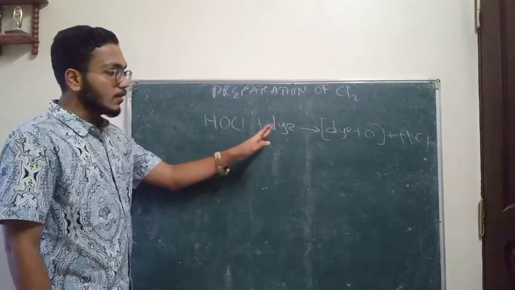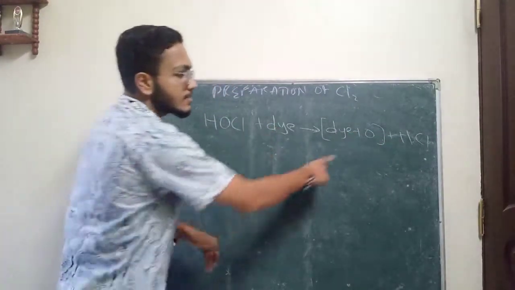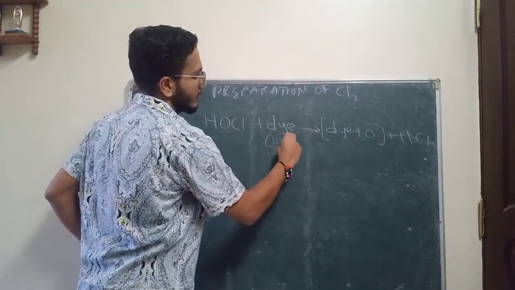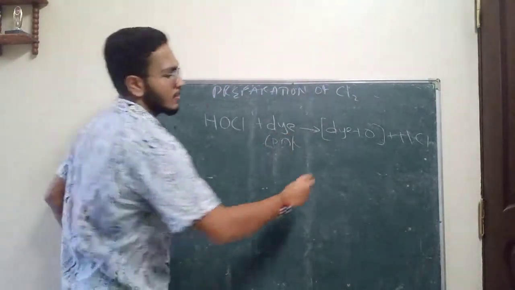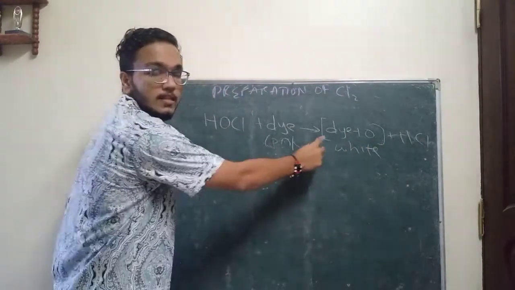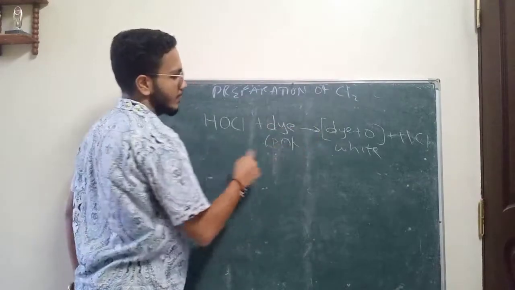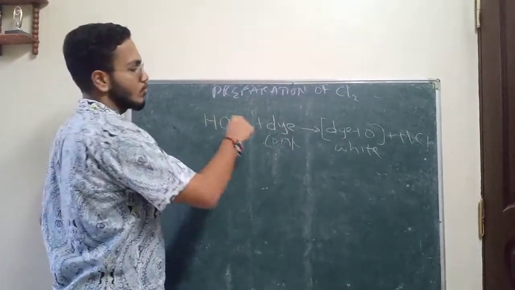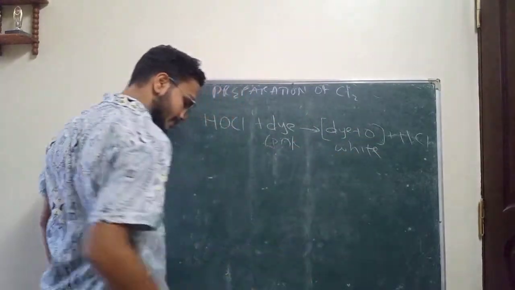Now if this color was pink, let's say this color is pink or red or any other color, dye plus O is white. Why? Because this substance has been bleached by HOCl, and the resultant, when HOCl loses this oxygen to dye, the resultant is HCl.